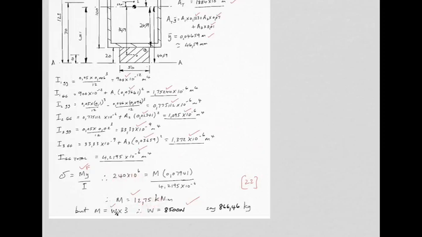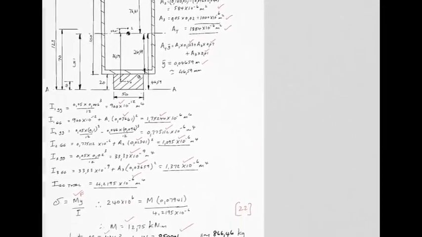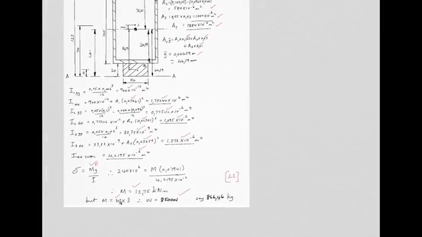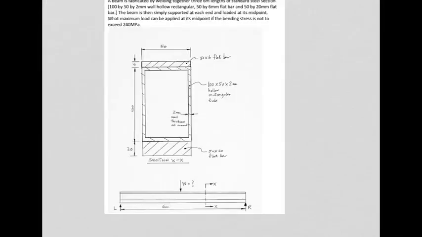And if we go back and look at what value of W would cause such a bending moment, W over 2 exists here and it does exist there. W over 2 multiplied by 3 meters, because remember the max bending moment is going to occur at the middle.